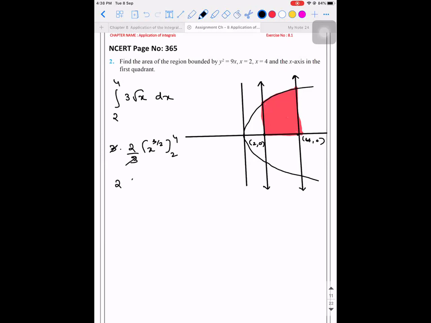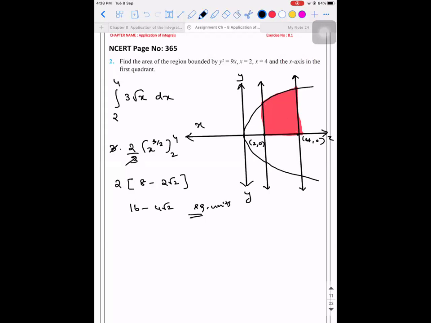This will be 2 into 8 minus 2 root 2, so 16 minus 4 root 2 square units. Yes. So don't forget this in the x-axis, y-axis and all. Okay.